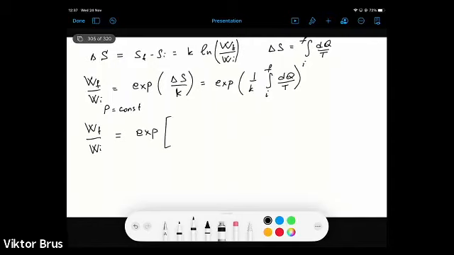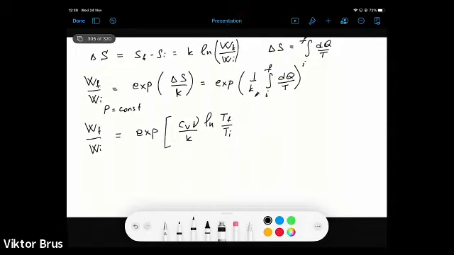Then we have this k in the denominator, and we should have these two components responsible for the change of entropy because of change of temperature and change of volume. So we can write here CV times nu, number of moles, times natural logarithm T final over T initial. Here we also need to divide it by K because we have this K here.